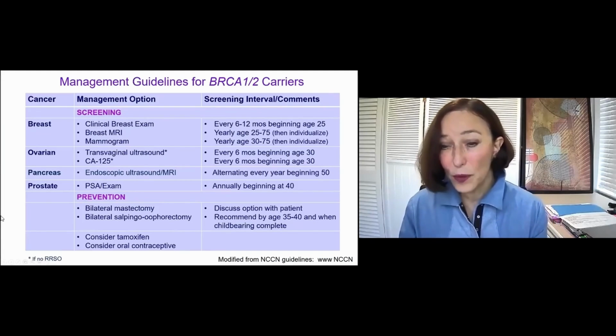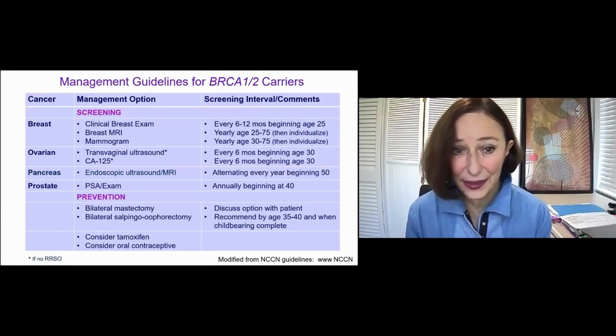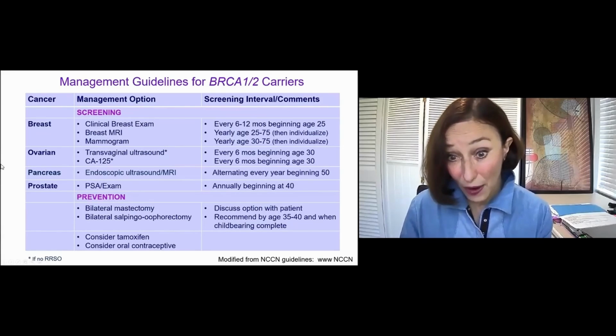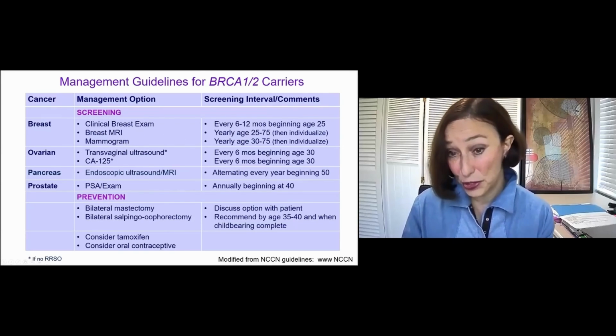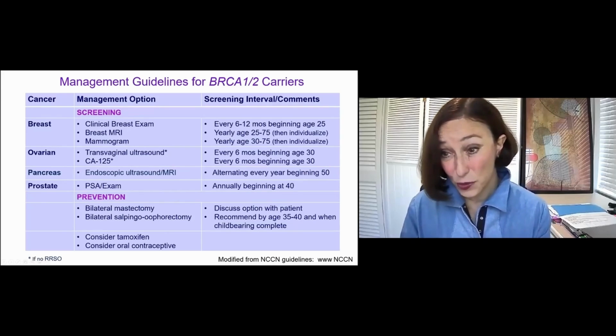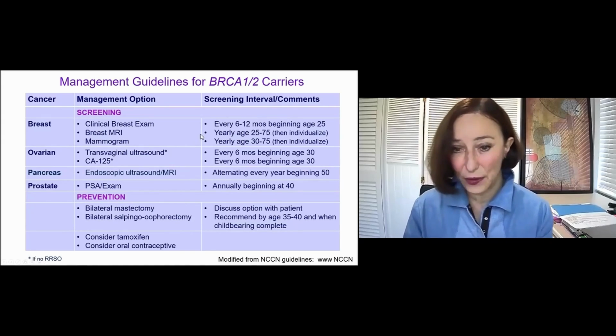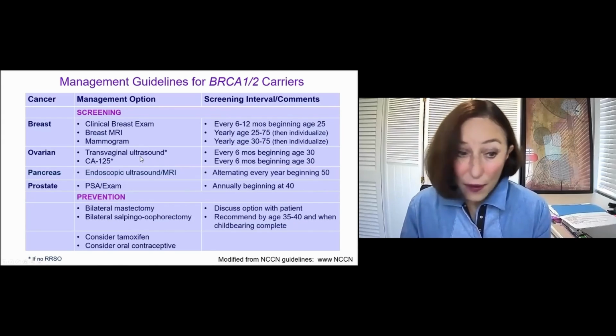What do we do about them? Well, there are lots of guidelines for management of these things, and we discuss these in the clinic, of course. They look a lot like every other high-risk thing where we do mammograms and MRIs and exams. We just start early. We start often at 25 with the MRIs and add radiation-based mammograms later on. There's a lot of controversy about ovarian surveillance.